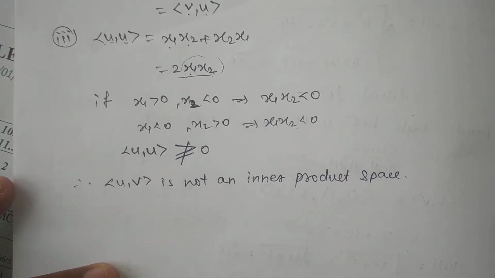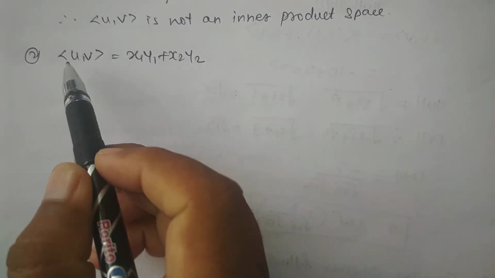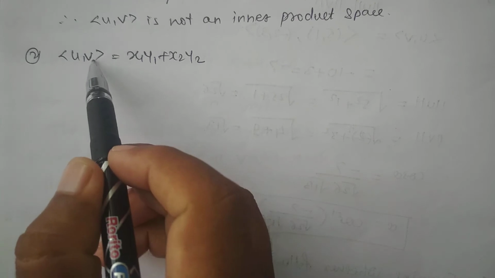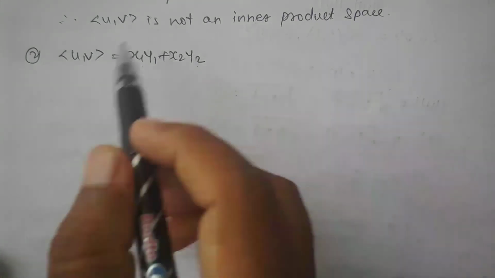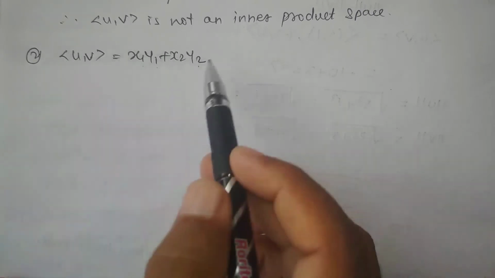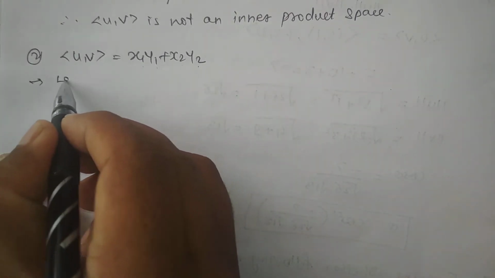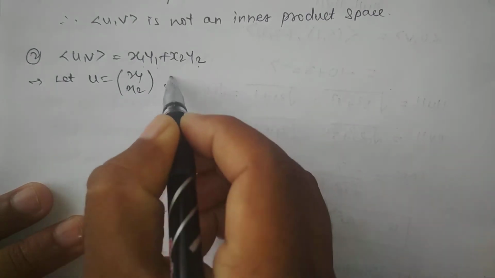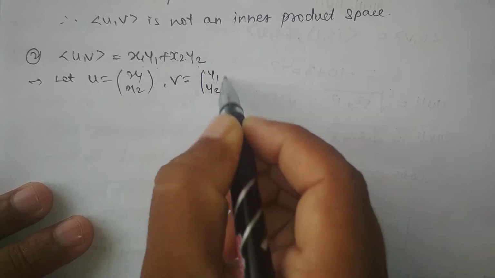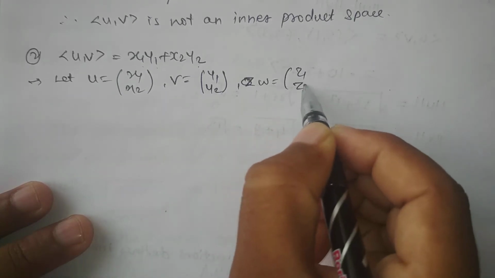Now let us take the next example. Second example, this inner product is defined as x1 y1 plus x2 y2. We have to check again, or examine, whether this function defines an inner product on R square. So for that, u is given as x1 x2, v is given as y1 y2, and let w be z1 z2.